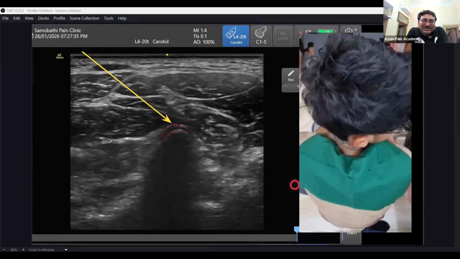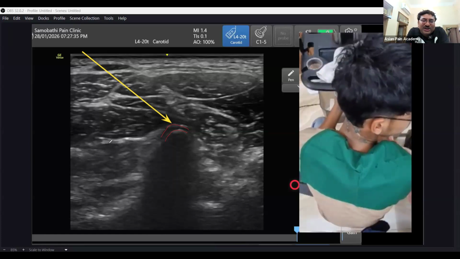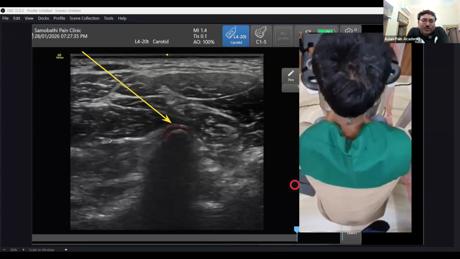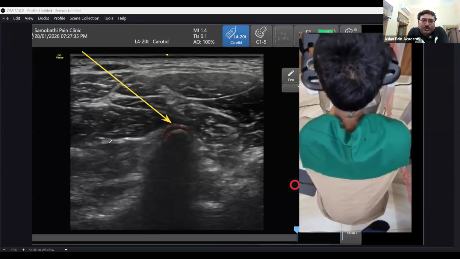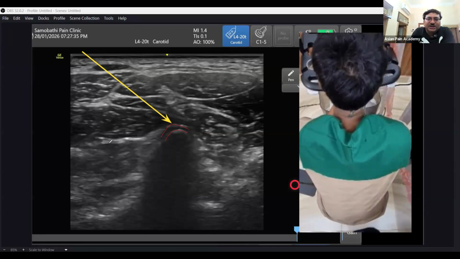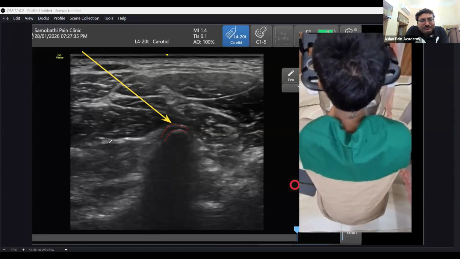So in those patients where we suspect that the patient might go into a vasovagal, what we do, we make the patient prone and put two pillows just below the chest so that the neck is extended, and one head ring. After that, we do the procedure in the prone position. So it is possible to do it in the prone position, and sometimes we do as well.